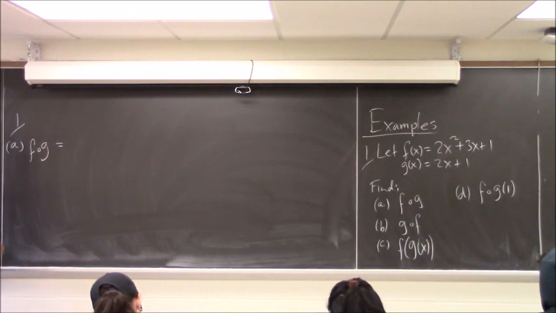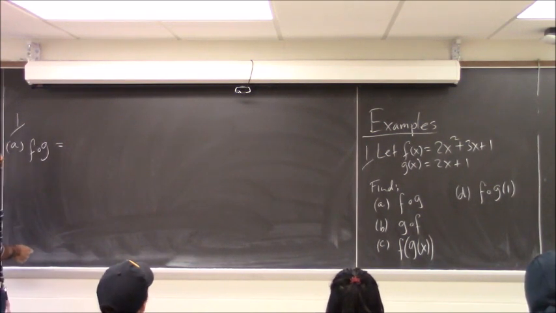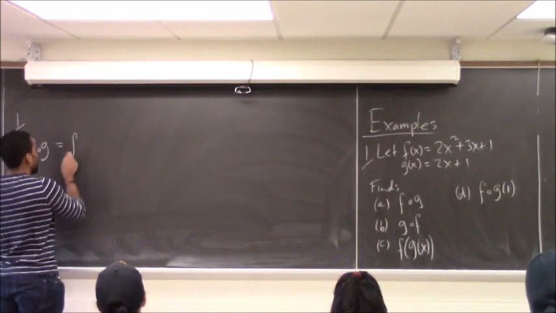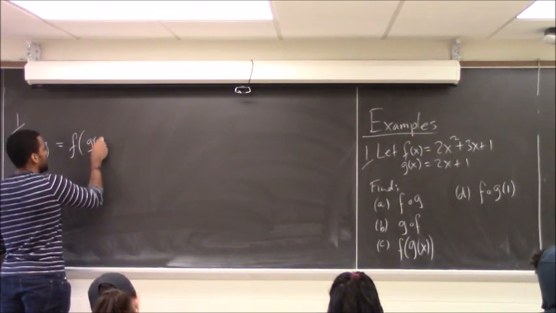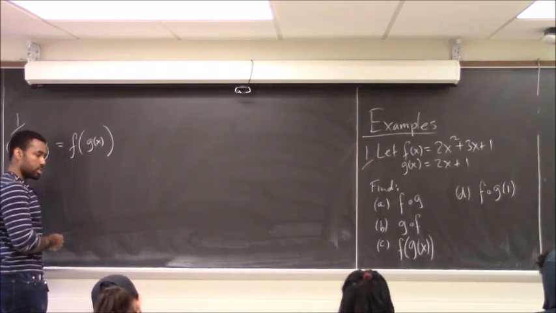Okay, what would f of g mean? Well, basically, it means I'm going to take f, and as the input, I'm going to take g. Now, what does it mean when I see this?